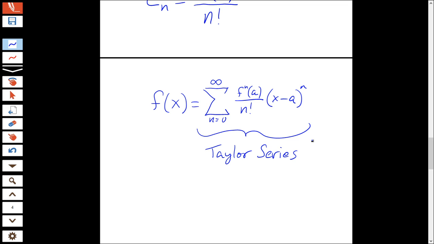If we stop this at some value n, if we only do a partial sum, we call it a Taylor polynomial.